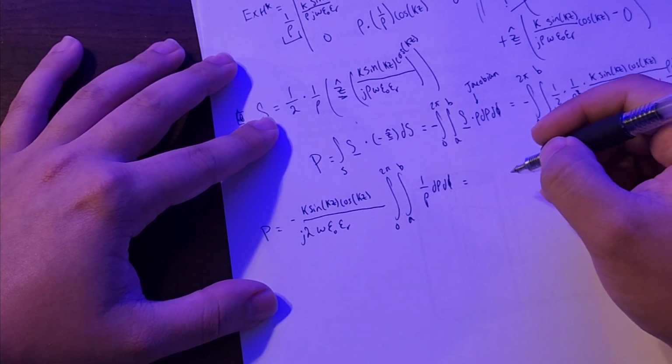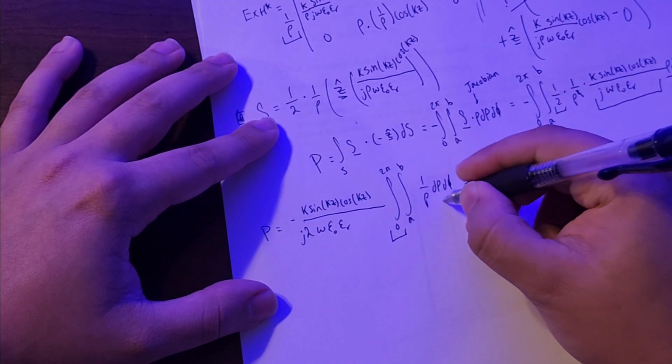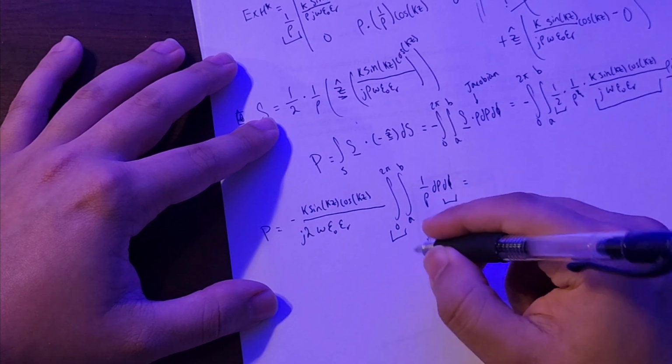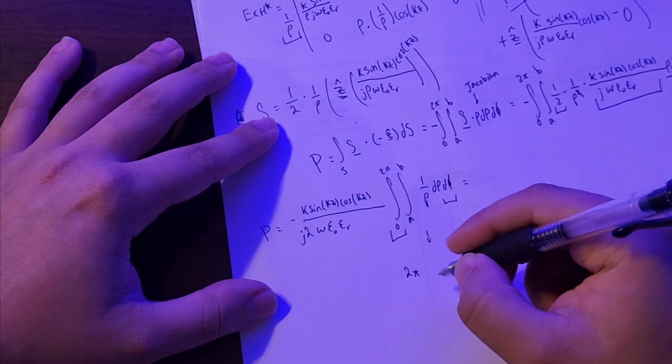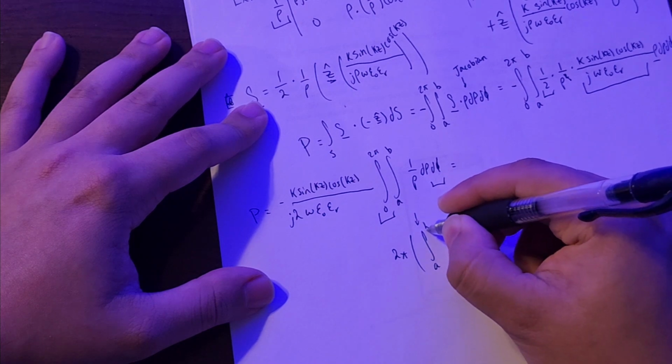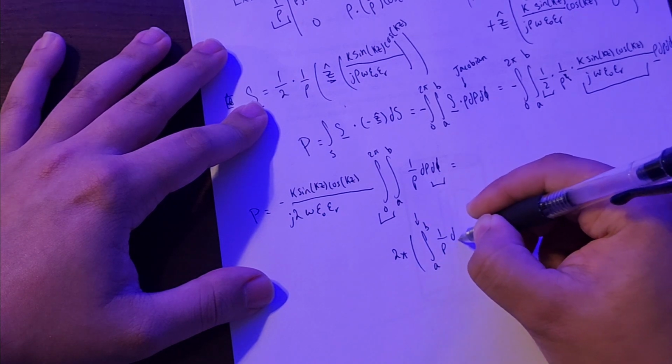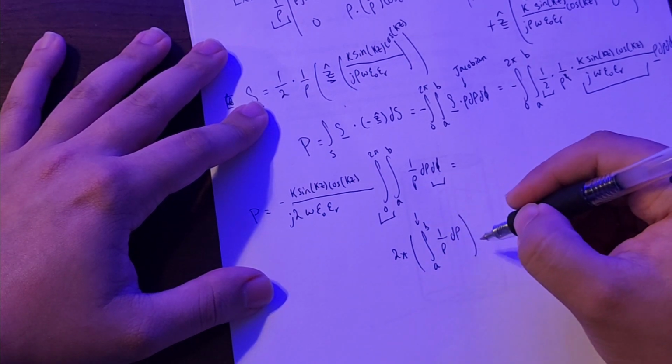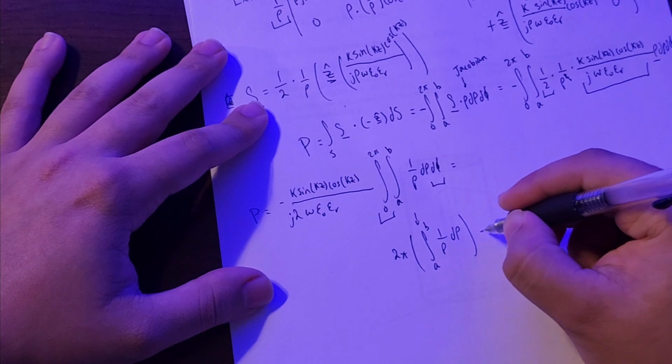So then we'll take this first. This is equal to, I'll just rewrite this, 2 pi times the integral from a to b of 1 over rho d rho. Well, the integral of 1 over rho, or 1 over x, is natural log of x.